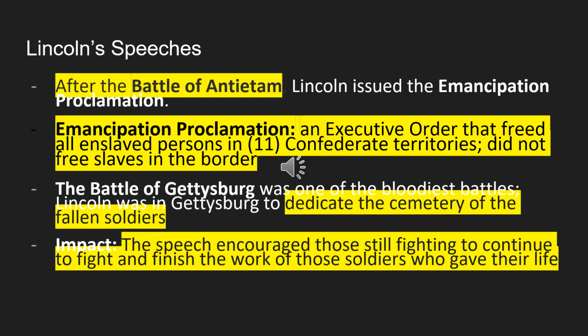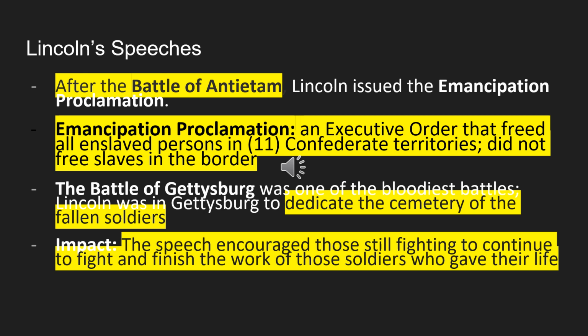Now, during wartime, again, Lincoln is going to play a role, especially with his speeches. He is going to rally some people. So firstly, after the Battle of Antietam, Lincoln will issue the Emancipation Proclamation. Now, if you recall, this is an executive order that frees slaves in rebelling territories.